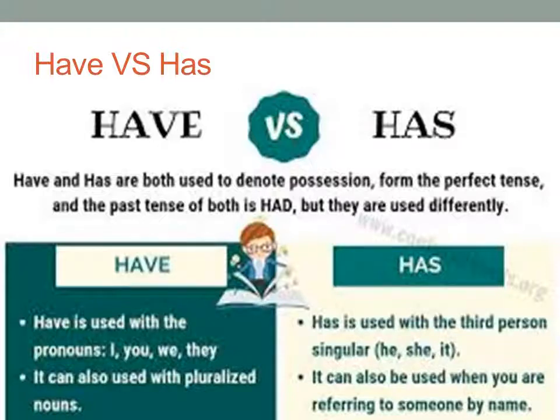Have is used with the pronouns I, you, we, they. It can also be used with pluralized pronouns and nouns. Has is used with the third person singular, he, she or it. It can also be used when you are referring to someone by name.